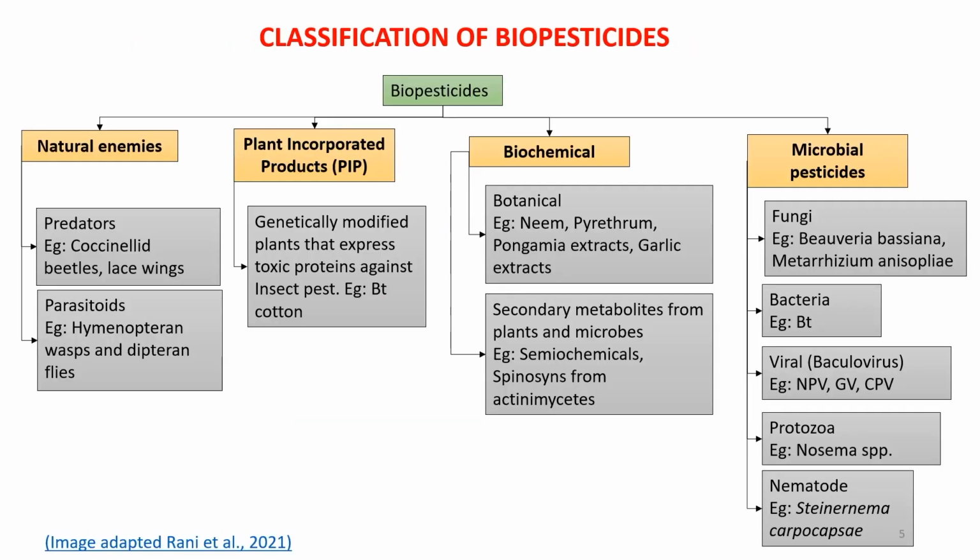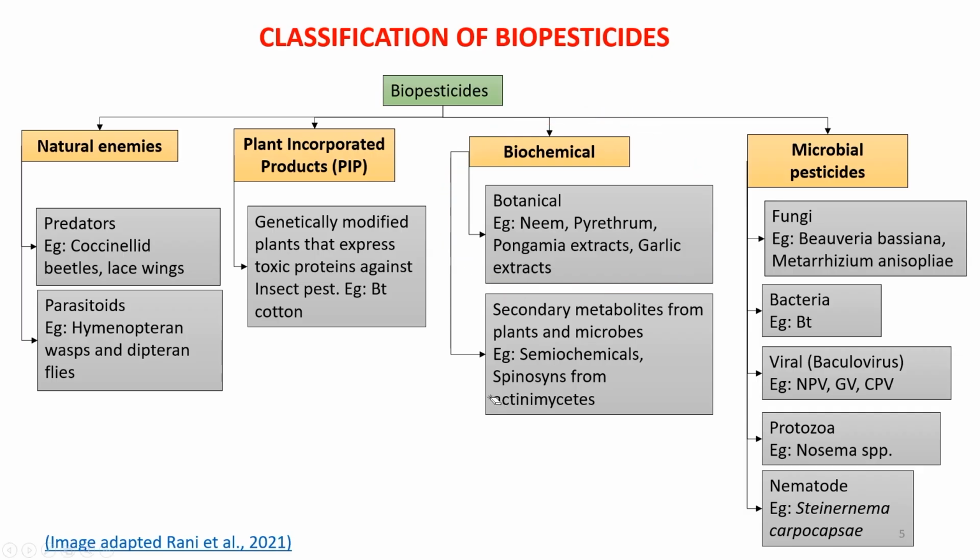So, we can divide biopesticides into different classes like natural enemies, predators, parasitoids, which we discussed already in the earlier class. Then we have plant incorporated products, PIPs. These are genetically modified plants that express toxic proteins against insects like the Bt cotton. Then you have biochemicals, botanicals, mostly derived from plants.